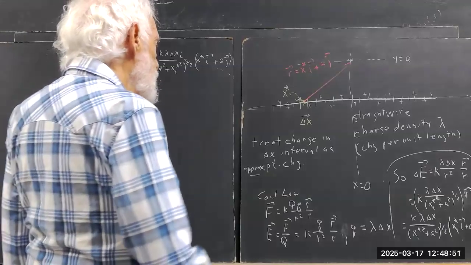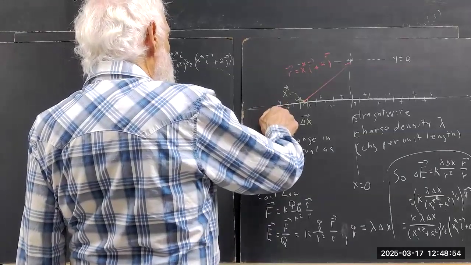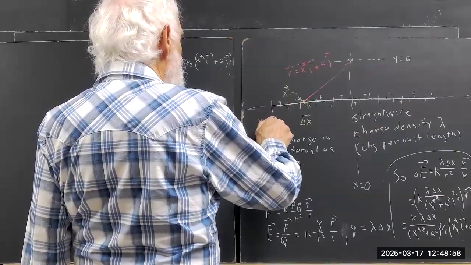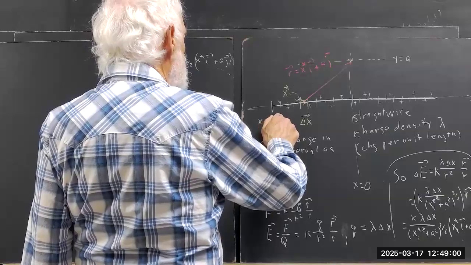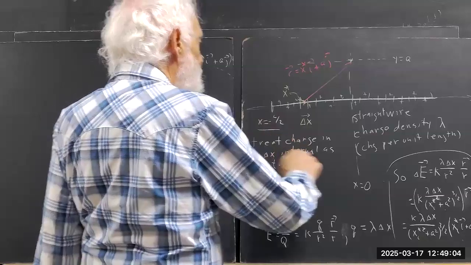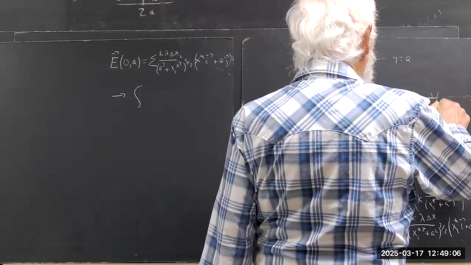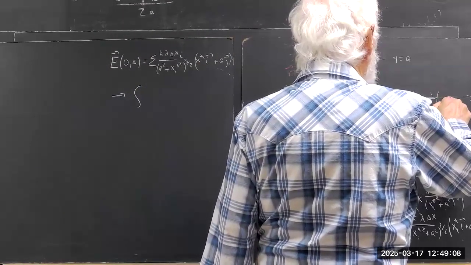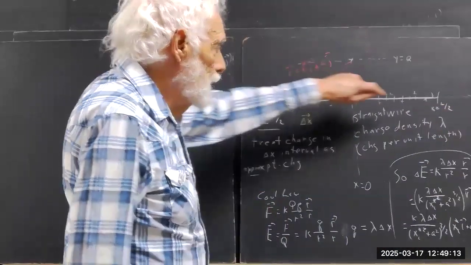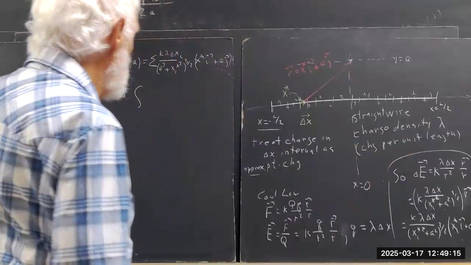Okay, well, I haven't put limits on this thing, but let's just say that over here is x equals negative L over 2, and over here is x equals L over 2. This thing goes from negative L over 2 to L over 2.